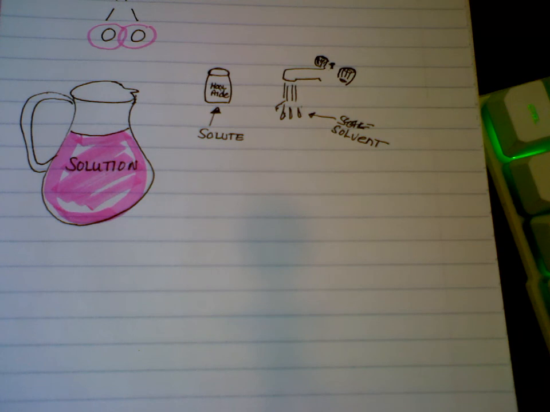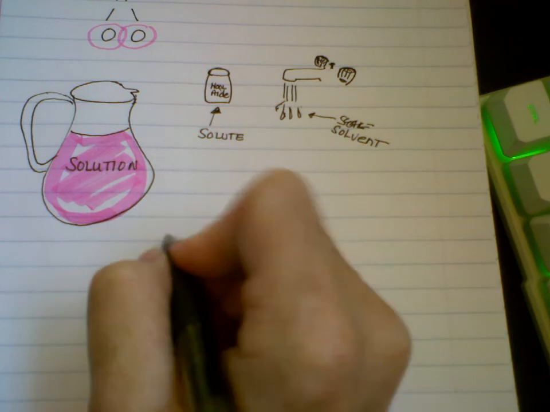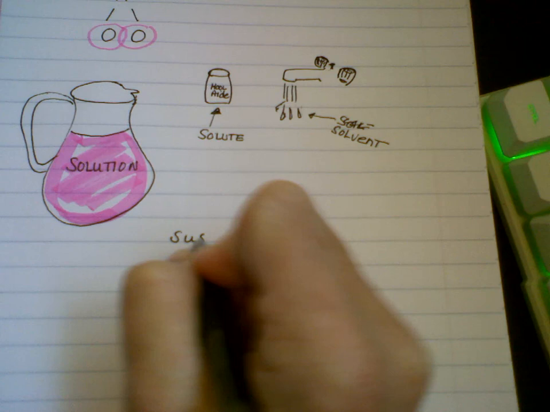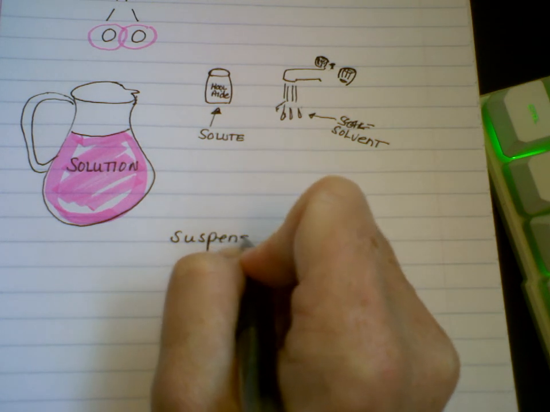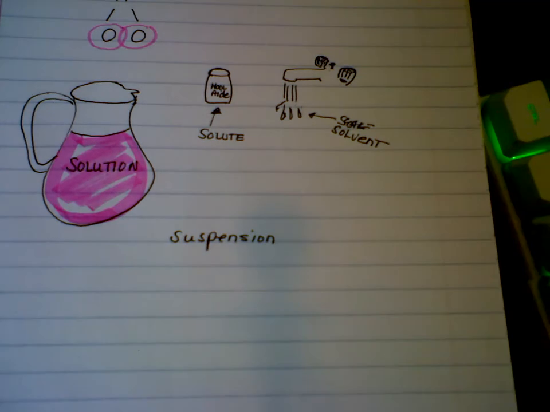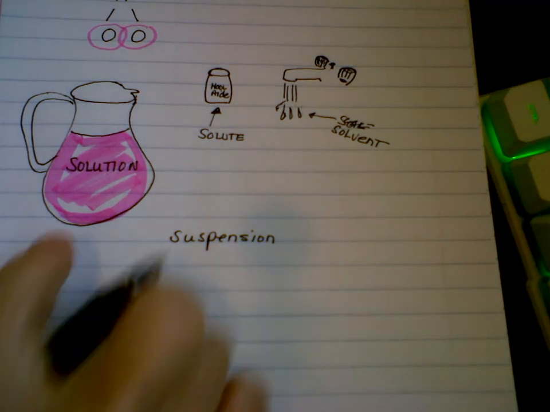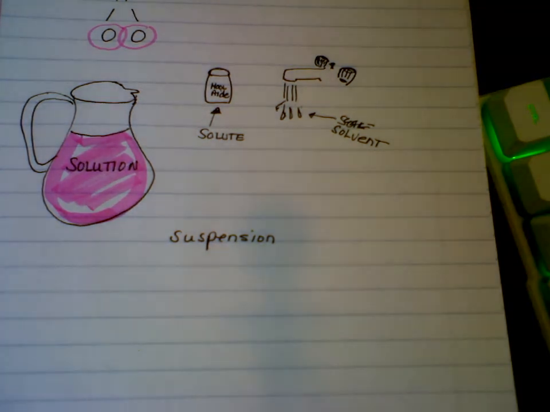The other term that was talked about is something called a suspension. And this isn't when you're naughty and get kicked out of school. A suspension is if you have a mixture, but instead of completely dissolving, there are still little things floating in there.